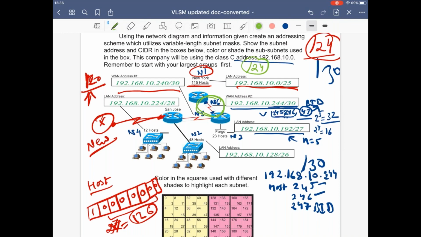It'll waste IP addresses, right? We have only two hosts. For that reason, we always use /30 here, to save our IP addresses.